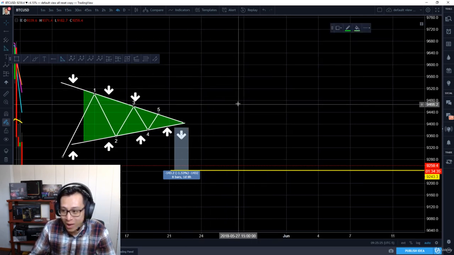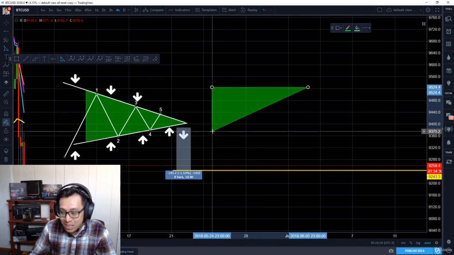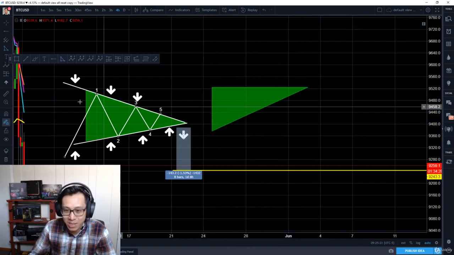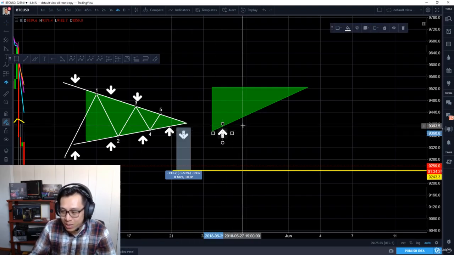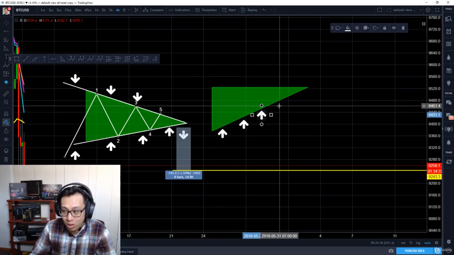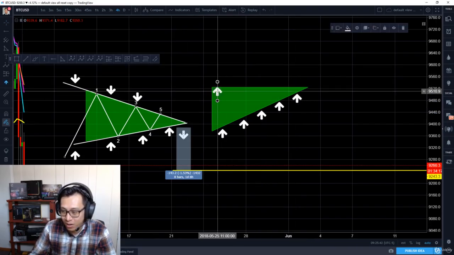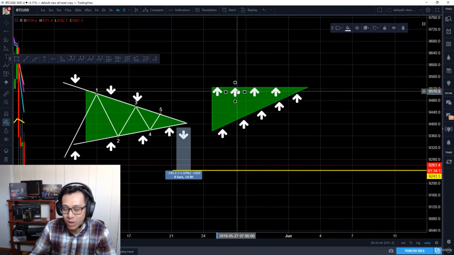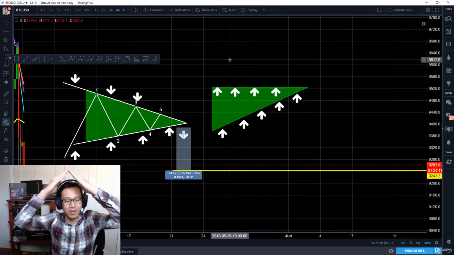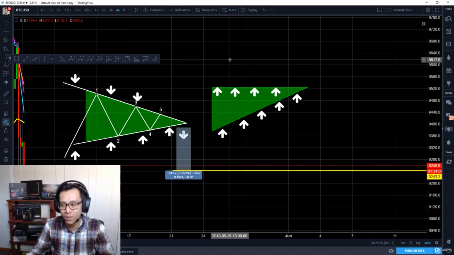Now, the better pattern to play are these ones right here. This is called an ascending triangle, okay? Ascending triangles have great characteristics. It has a series of higher lows, but it has the same series of highs, okay? Think of it like a ceiling, and every time we're punching it, we're trying to break the ceiling.